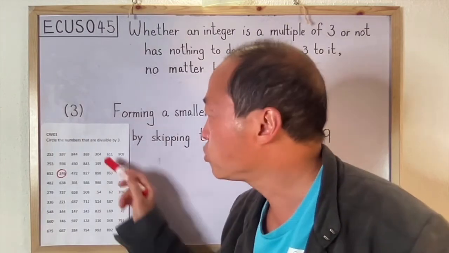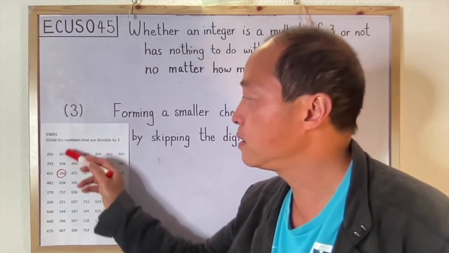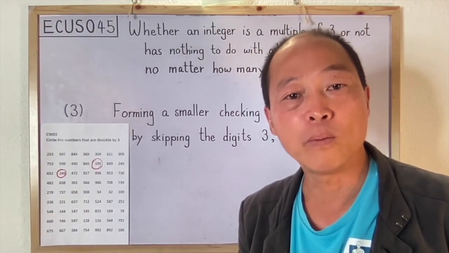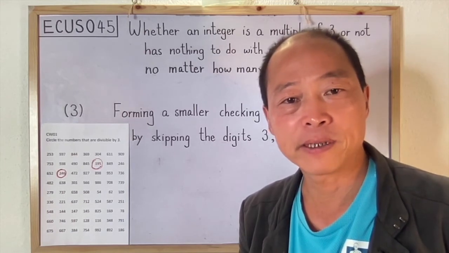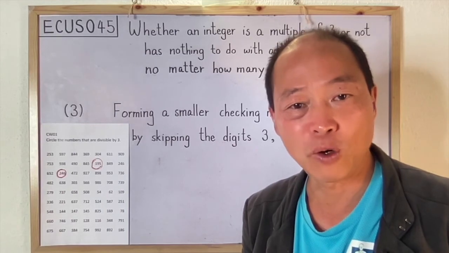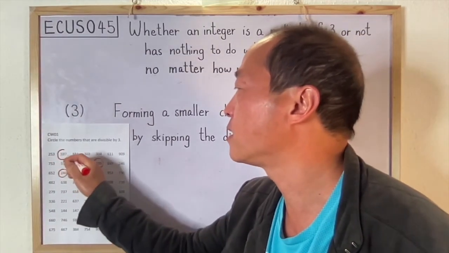Therefore, 195 is a multiple of 3. Look at this number. It is 597. I omit 9. 5 plus 7 is 12. 12 is a multiple of 3. Therefore, 597 is a multiple of 3.